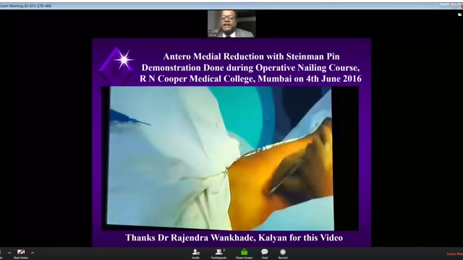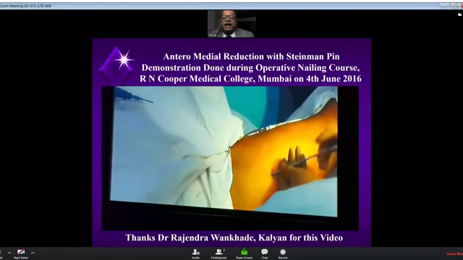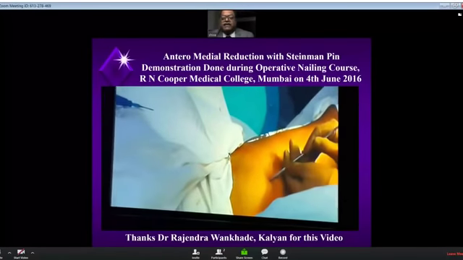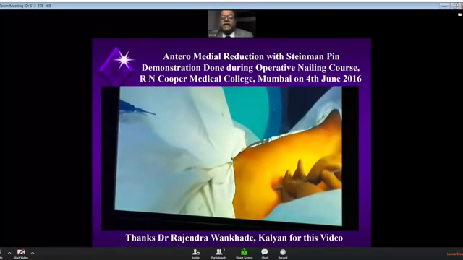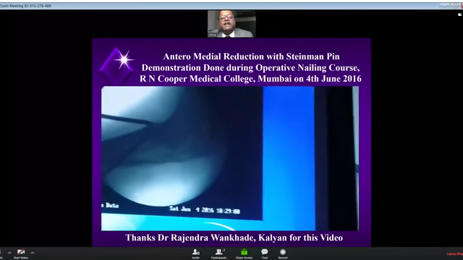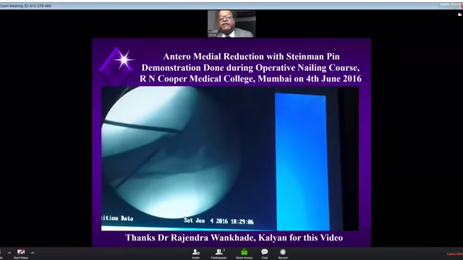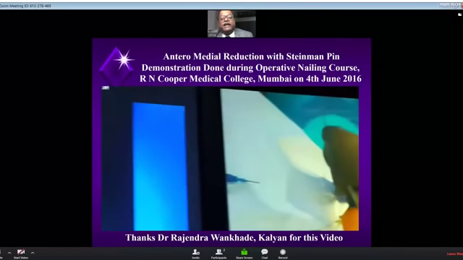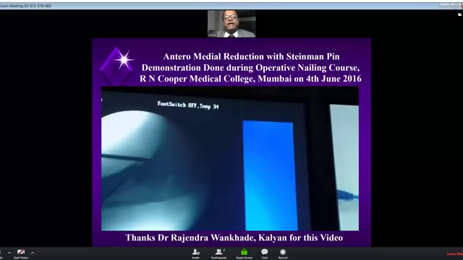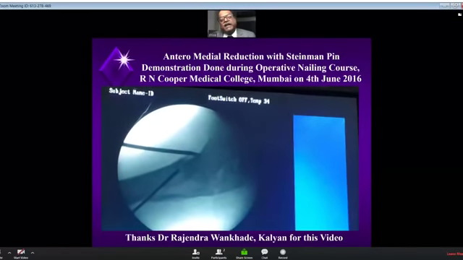I percutaneously insert this Steinman pin and try to jump over the neck and feel the fracture and dip into the fracture. See, I'm sliding over the neck. I can feel the tip of this in the neck, and then I will insert this Steinman into the fracture.